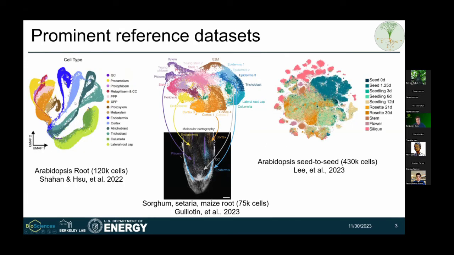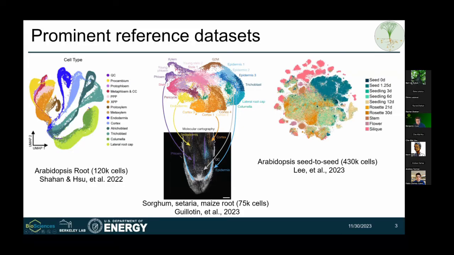All of this recent research has now resulted in some reference data sets, which I'm really excited about. These are 3 of my favorites at this point. The first is one that I had the pleasure of participating in from Philip Benfey's group, where Rachel and Chawei were leading the generation of this root atlas in Arabidopsis. It's really foundational in a lot of ways, including the detailed way that trajectories and cell types were specified.